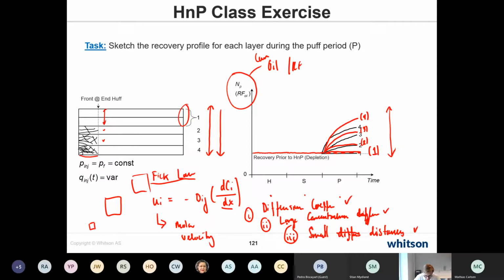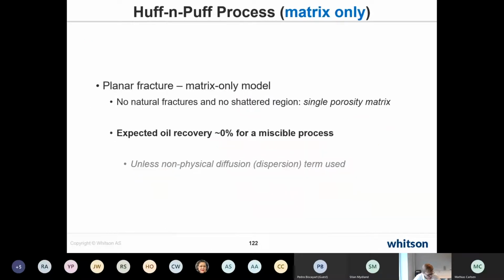Yeah, and here we actually have the answer as well, which probably was provided in the slide deck, if I'm not mistaken, maybe not. So learning here is that if you take a gas huff and puff process, you make a planar fracture model. If you only have a fracture in a kind of symmetry element reservoir simulation model, for those of you who are in this space, and you inject gas, and then you produce gas in a huff and puff manner, you will get no incremental recovery from that process.